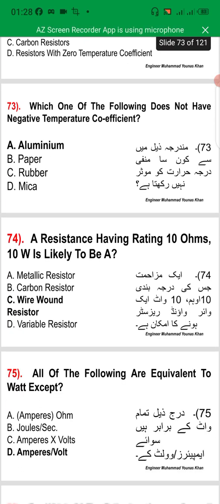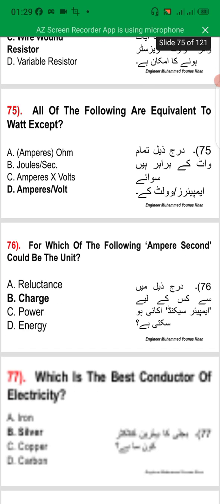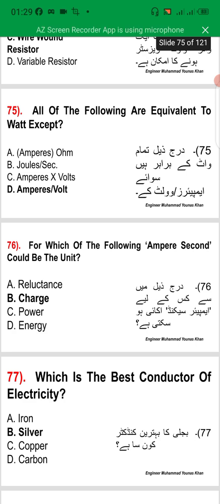Which one of the following does not have negative temperature coefficient? Aluminum. A resistance having rating 10 ohms, 10 watt is likely to be a wire-wound resistor. All of the following are equivalent to watt except amperes per volt. For which of the following could ampere second be the unit? Charge.